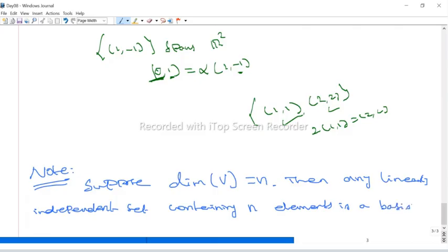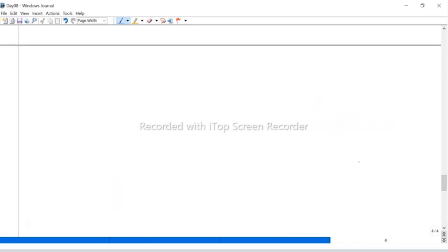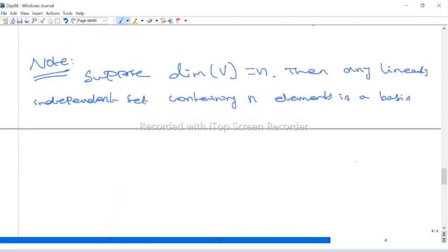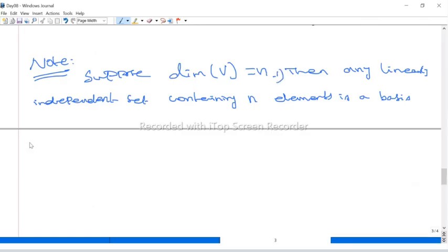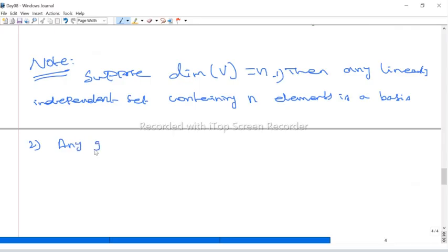So any linearly independent set containing n elements is automatically a basis, provided the dimension of V is n. That's the first point. Similarly, any spanning set containing n elements is a basis. Now we take any generating set containing n elements.